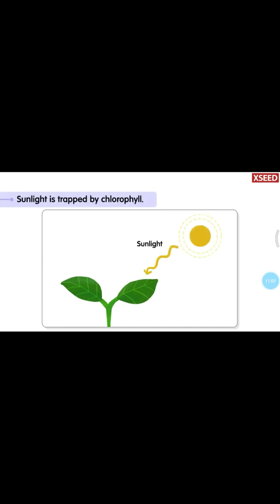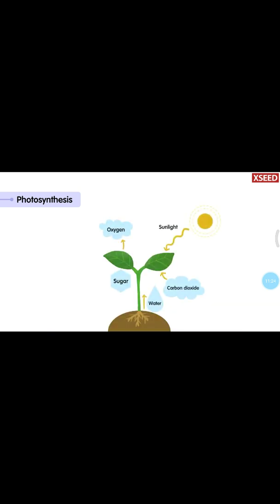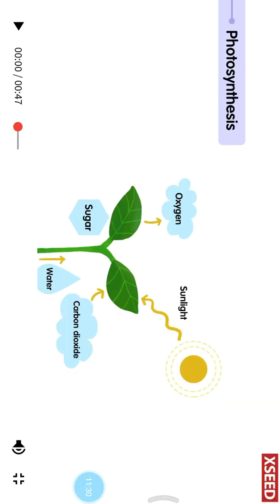Chlorophyll in the green leaves traps sunlight. Food is made in the form of simple sugar and oxygen is released. This process of making food is called photosynthesis.